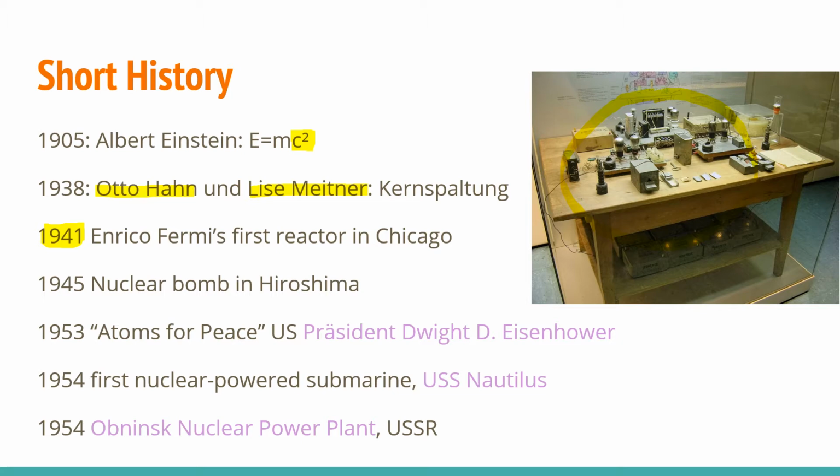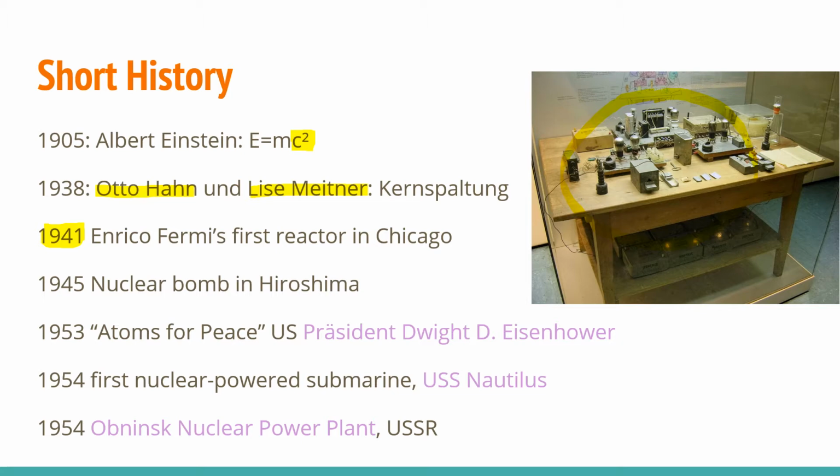In 1941, Enrico Fermi started to build the first nuclear reactor in Chicago. It was done after a very special project started in the United States. It was the Manhattan Project. They wanted to build a nuclear bomb. The reason was the Second World War and Hitler in Germany. The danger was that Nazi Germany would be the first in this race. And so the United States spent an incredible amount of money to be the first.